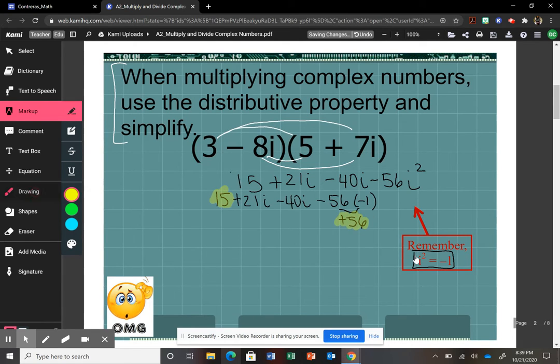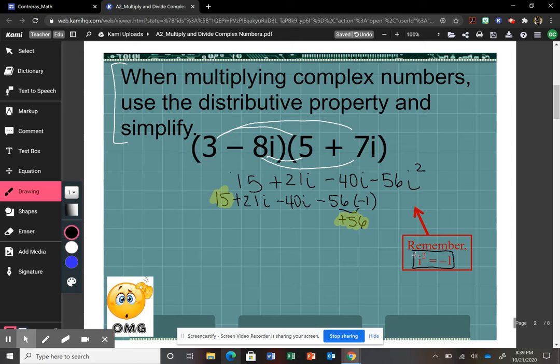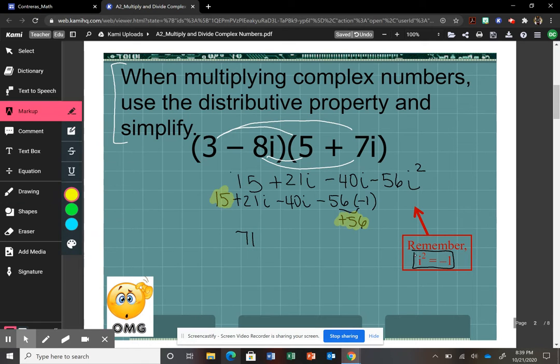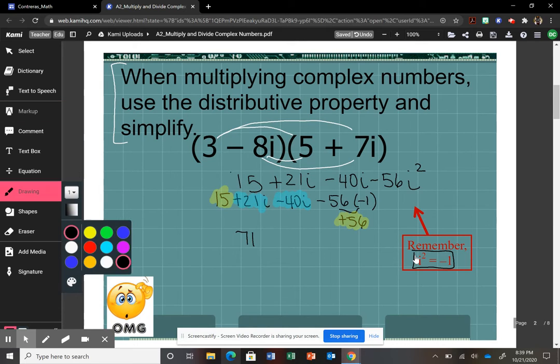Okay, so here we get 15 plus 56 gives us a 71. And then we add our imaginary parts together, our imaginary numbers here. Okay, so then we have positive 21 minus 40, which gives us a negative 19i. Okay, and when we write our complex numbers, we write in a plus bi form.